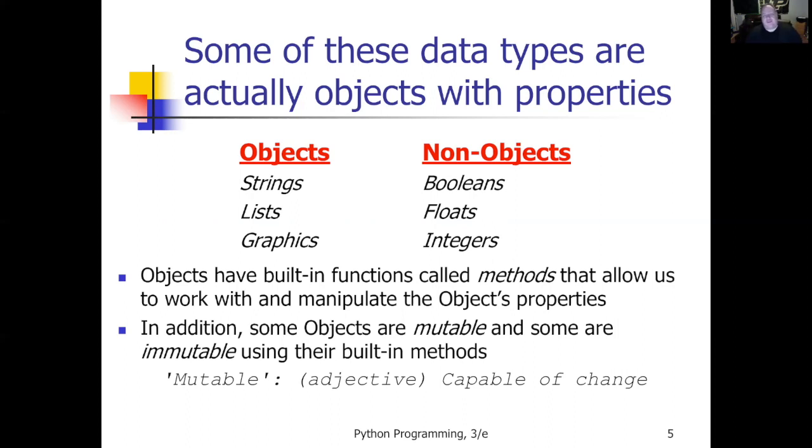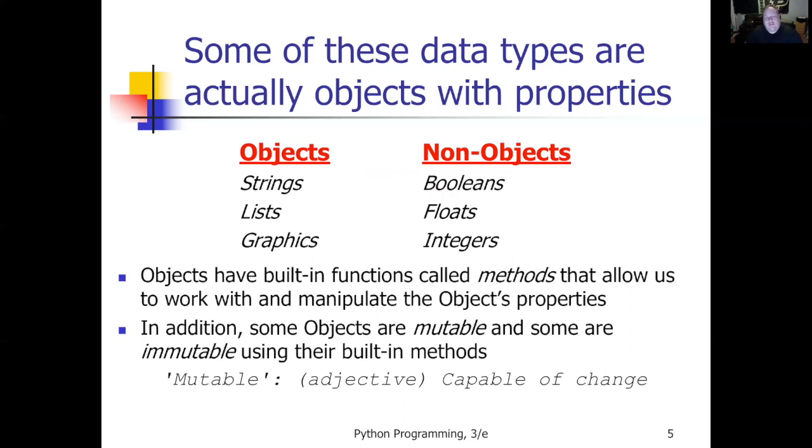Those methods that are built into those objects allow us to work with, manipulate, change, and retrieve the properties of those objects. And even amongst objects, there are really two kinds of objects: those that are mutable, changeable, and those that are immutable, not changeable. Mutable basically is just an adjective that means it's capable of change, mutation, right?